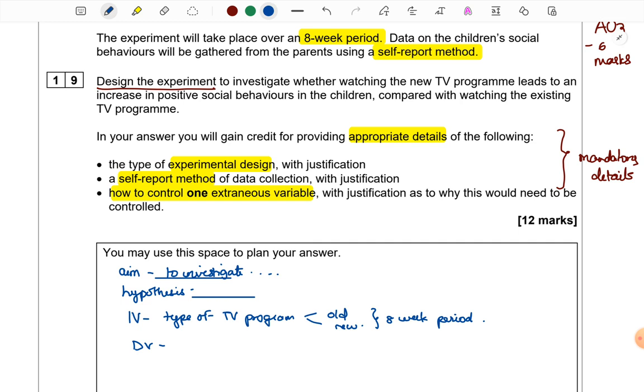So I would suggest a questionnaire with closed questions and preferably quantitative questions as well. So the dependent variable would be responses of parents, of course, on the questionnaire, asking about social behaviors of children.